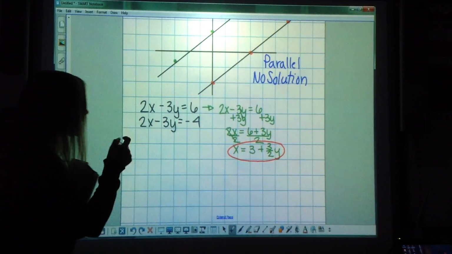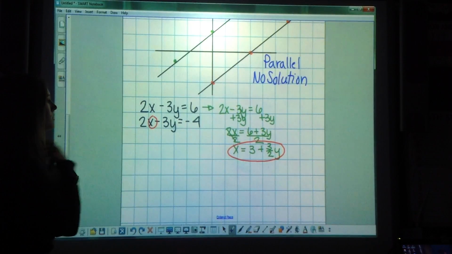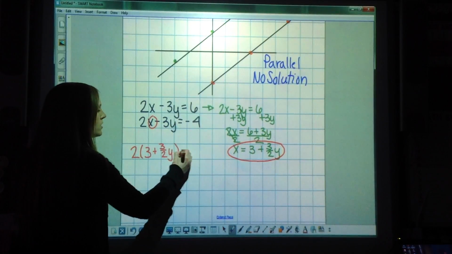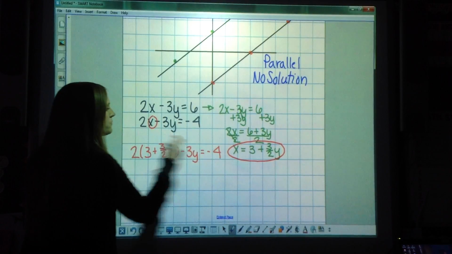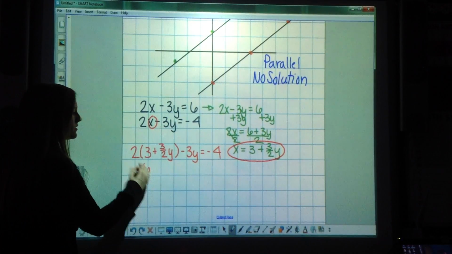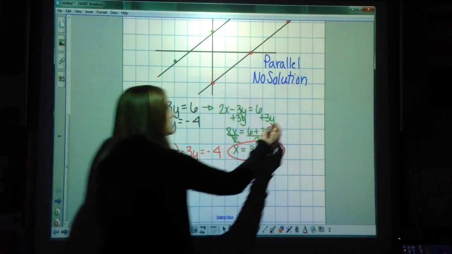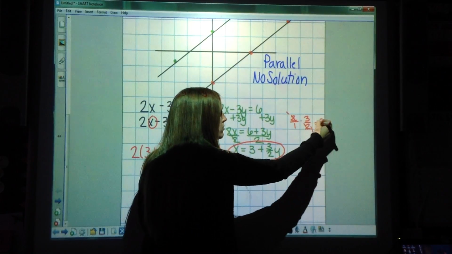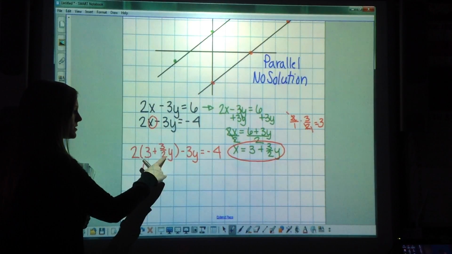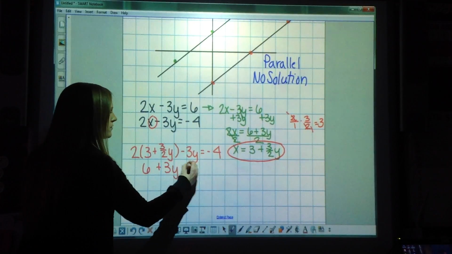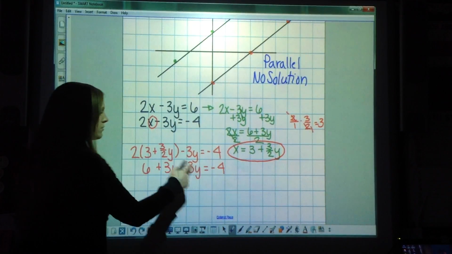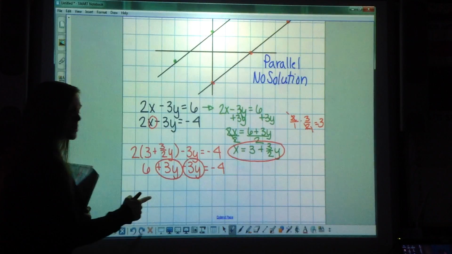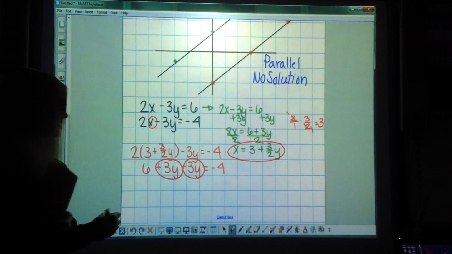So this x value needs to go into the other equation. 2 times 3 plus 3, minus 3, well that's 0y, so the y's cancel out.